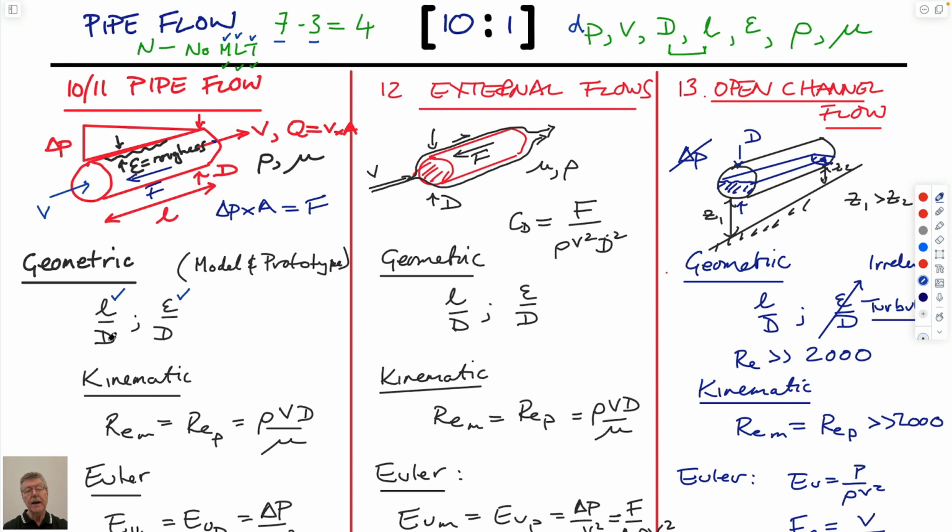So if we have length over diameter as a non-dimensional variable, and we have roughness over diameter, then this gives us 2 of 4, right? So we've said we have 4 potential non-dimensional variables. We've just described 2 of them, so now we have 2 remaining variables.